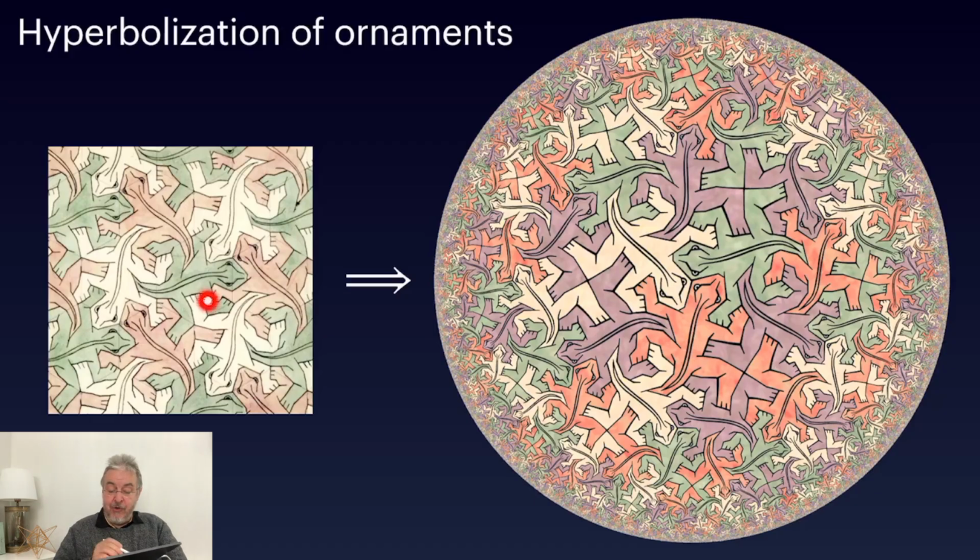And actually what you do here is a kind of conformal mapping with some disturbances at one of the corner points. So if you focus at that point in that picture, you see 3 of the lizards meet in that point, whereas at the corresponding point here 4 of the lizards meet in one point.